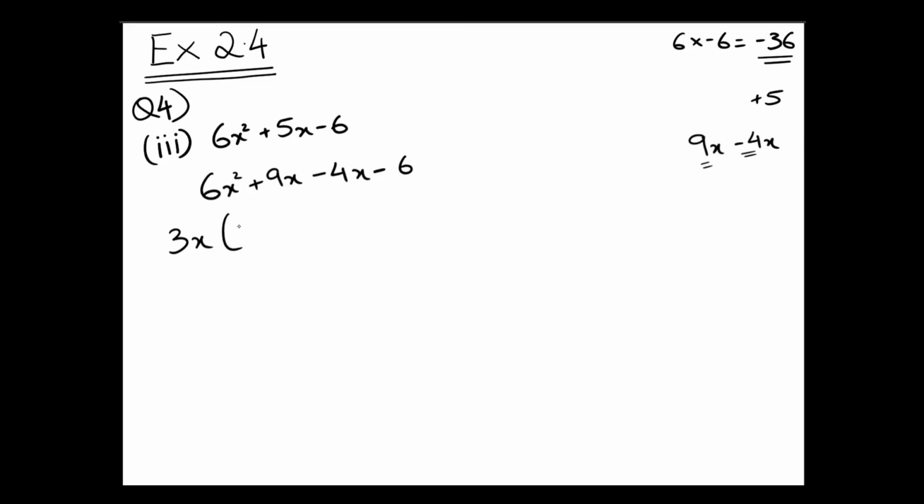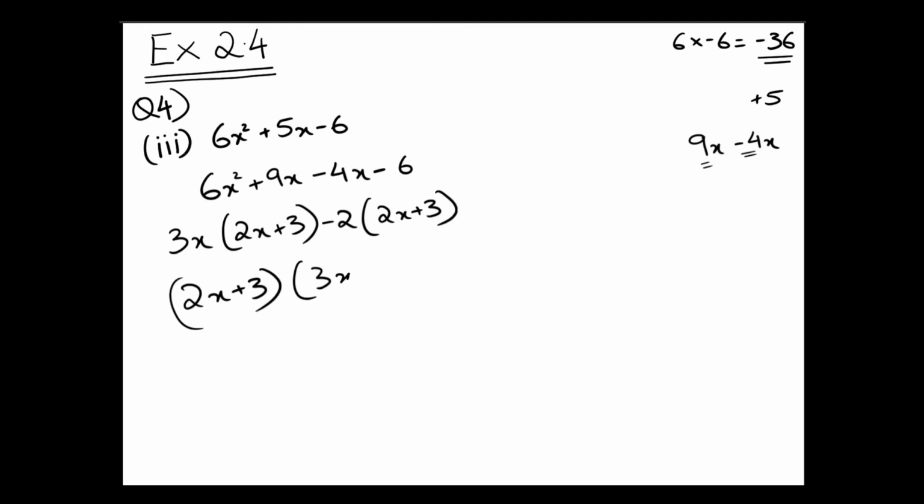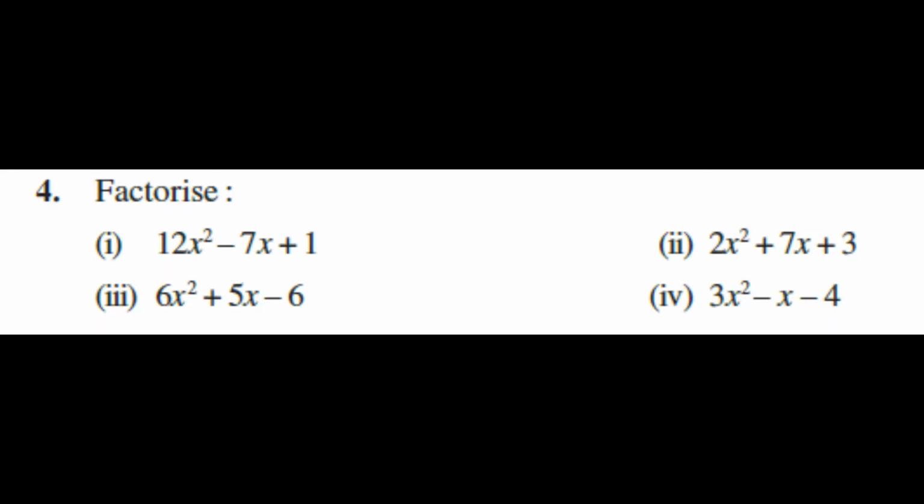We take 3x common from the first two terms and we get 2x plus 3. We'll take minus 2 common from the next two terms, and we again get 2x plus 3. This will then become 2x plus 3 multiplied by 3x minus 2, and that's how we factorize the third part.